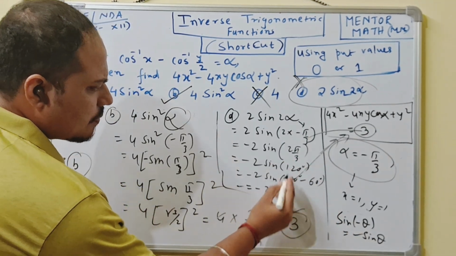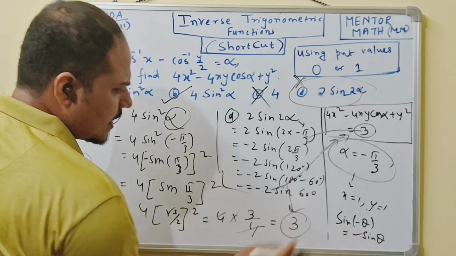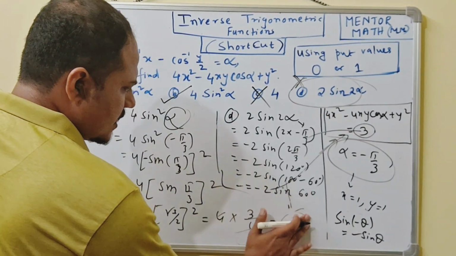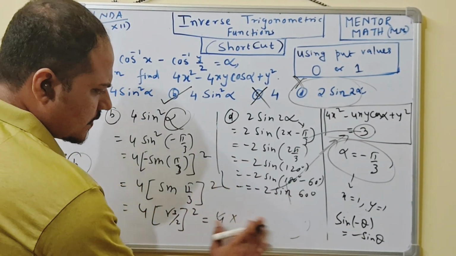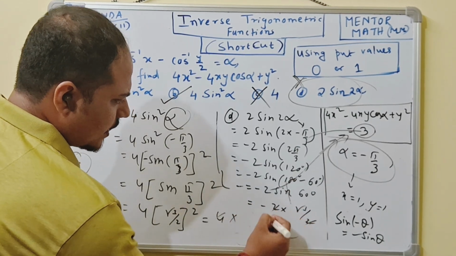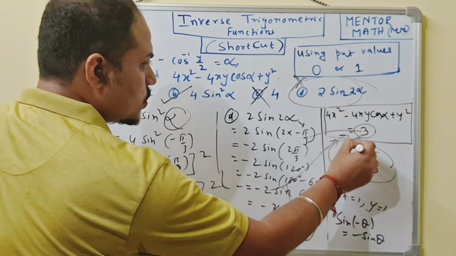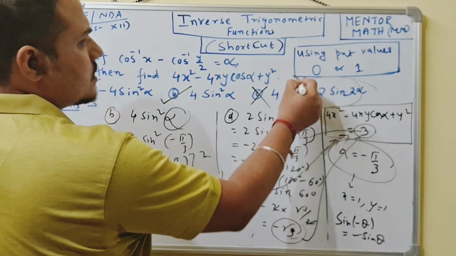That means you can write −2 sin 60 degrees, and you easily get the value −2 × √3/2, which is −3. Obviously this −3 is not equal to 3, so obviously this option is wrong.